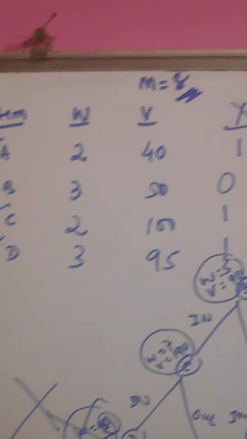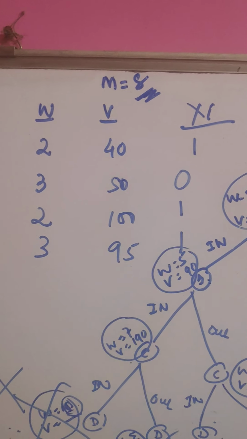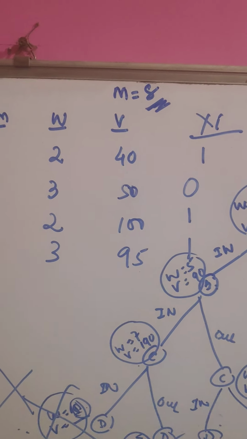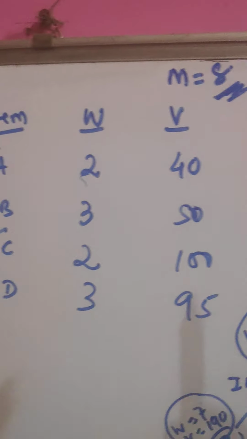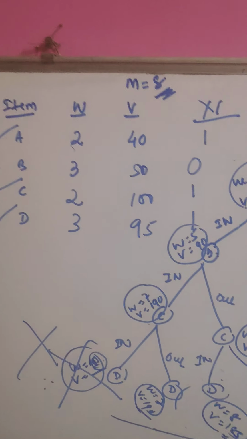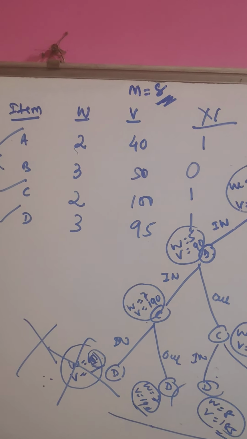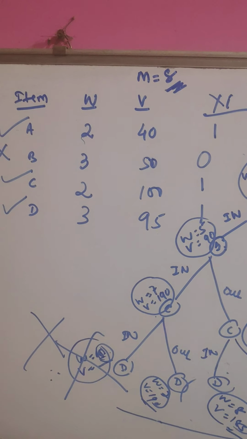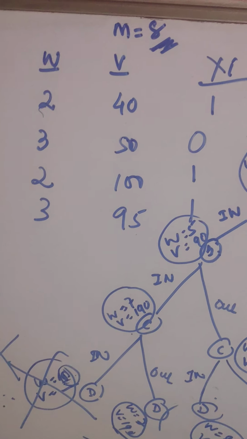So look at the solution. Now the total weight is Wi xi: 2 into 1, plus 3 into 0, plus 2 into 1, plus 3 into 1. If I add this, it becomes 2 plus 2 plus 3, that is 7 kg.